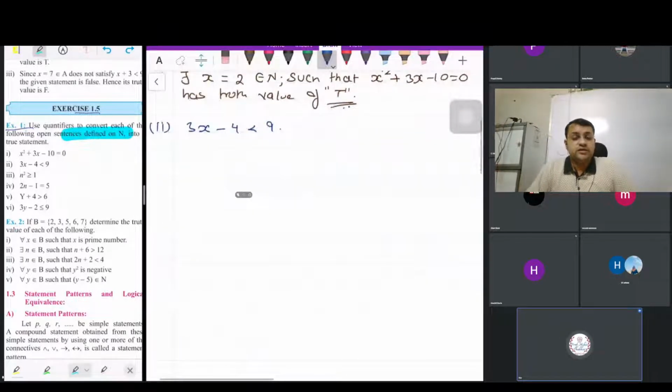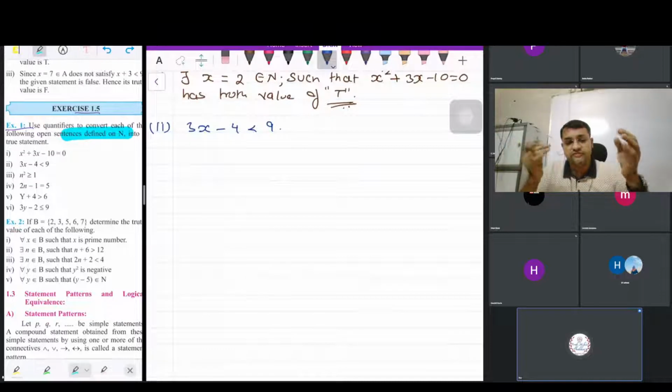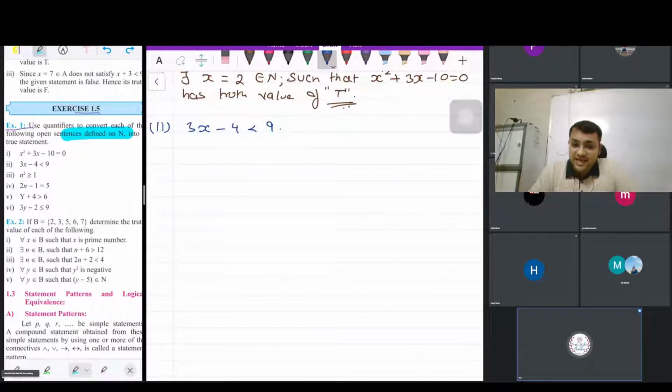Second one over here is 3x minus 4 is lesser than 9. Now once again guys, like I did in the previous case, I have to think logically and identify whether all the natural numbers, if I substitute them in place of x, will the answer be lesser than 9? Then the answer is absolutely not.